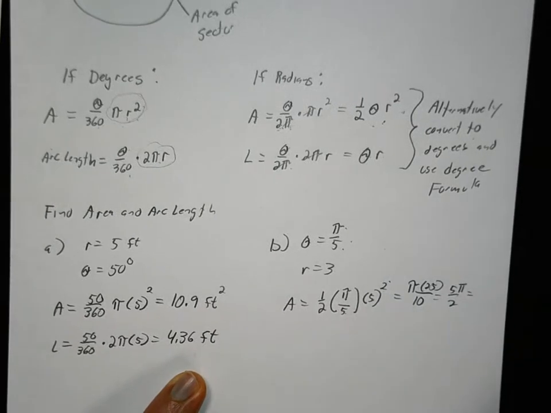Okay, but we could multiply that out and actually multiply by the pi, which is 3.14. And I end up getting 7.85.